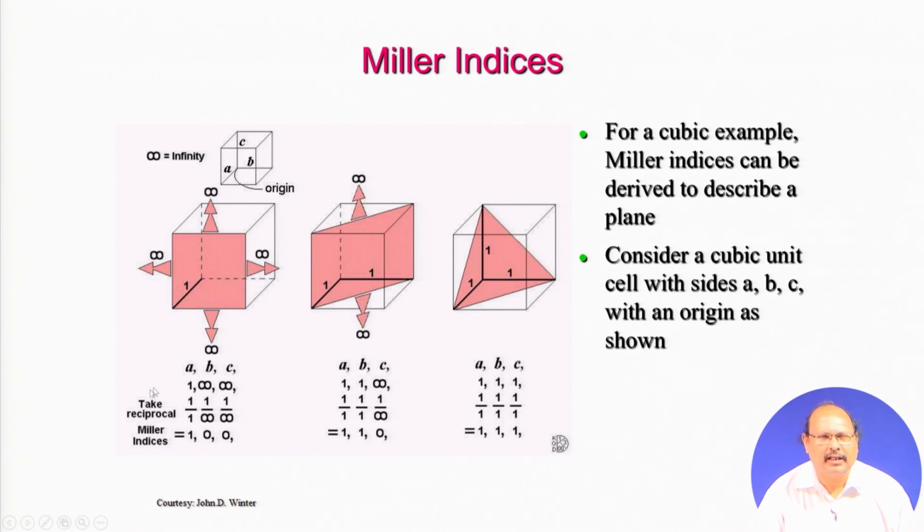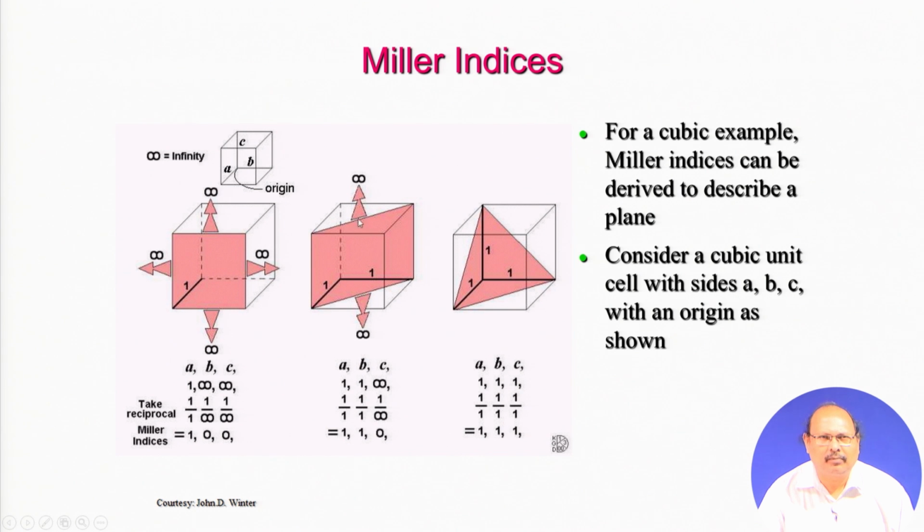If we take a reciprocal here, this becomes 1 by infinity, which is 0. So this particular phase, which is parallel to B and C, or A2 and A3, will now occur as 0. So, the Miller index symbol, if we now remove this comma and put it under brackets, then this phase will have a Miller index symbol of 1 0 0.